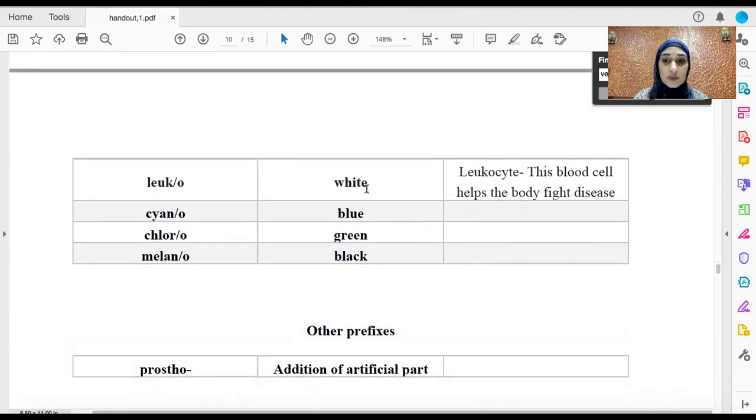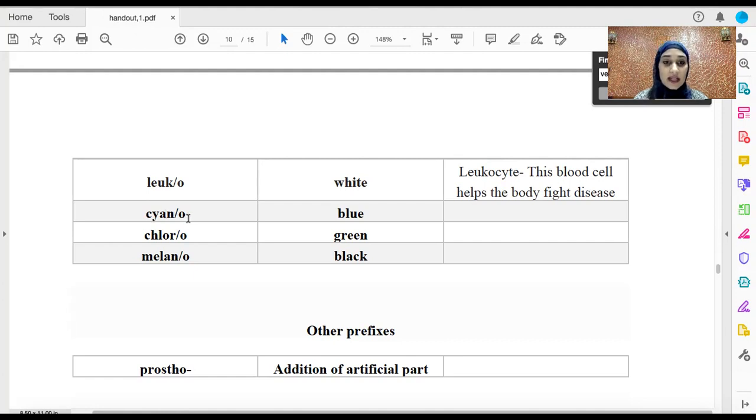We have leuco, which means white. So when we say leukocyte, the literal meaning is white cells, white blood cells. The leukocyte, this blood cell, helps the body fight against disease.